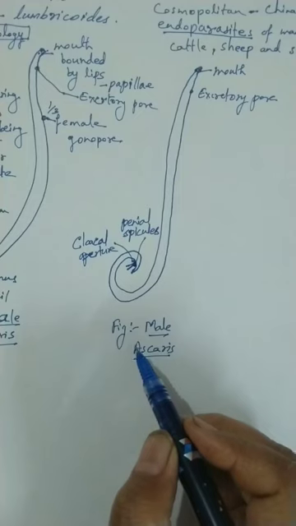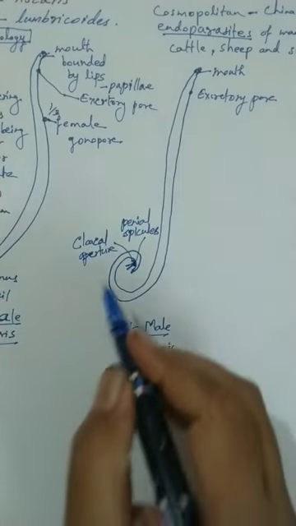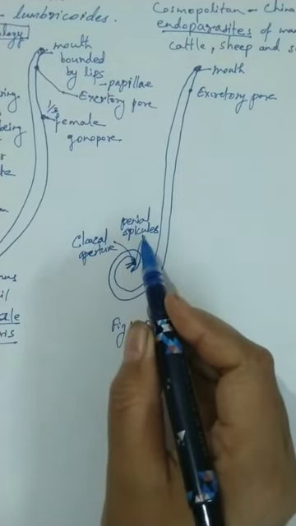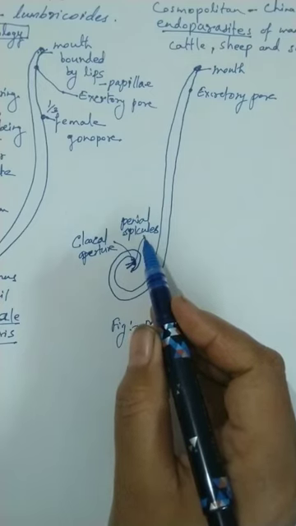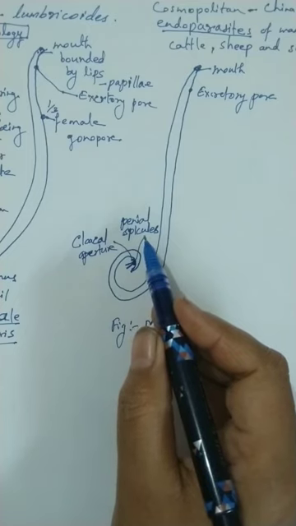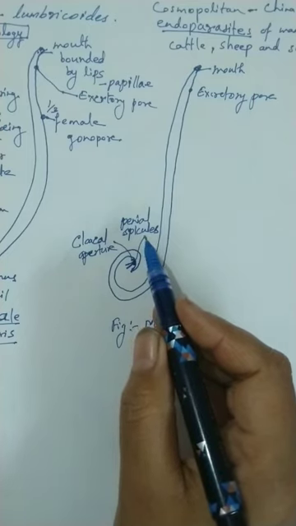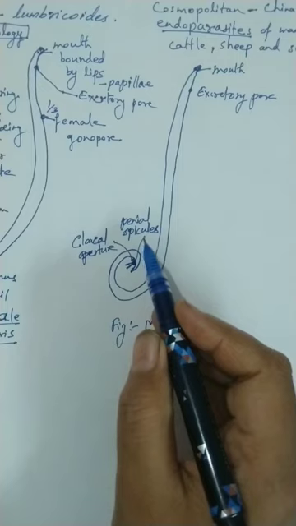Sometimes two cuticular spicules of equal size are seen protruding out of the cloacal aperture.